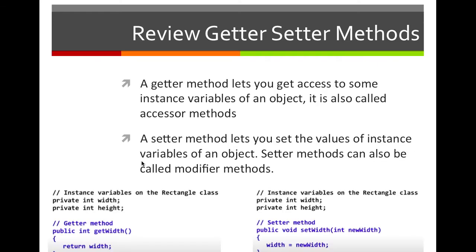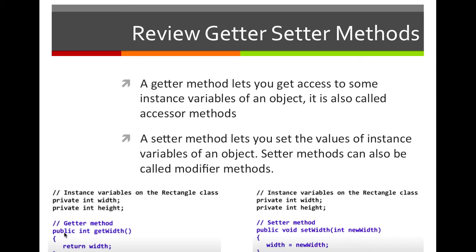Okay, a getter method lets you get access to some instance variable of an object. It is also called an accessor method. So if you want to access some information from our class, we should use getter methods. You can see on the left side, we have a getter method.